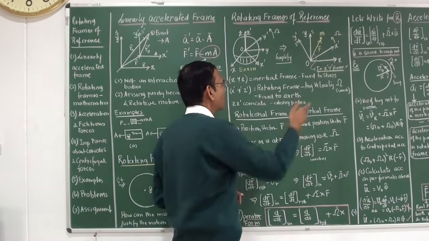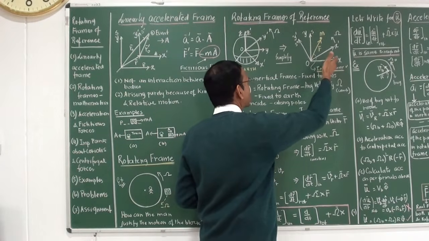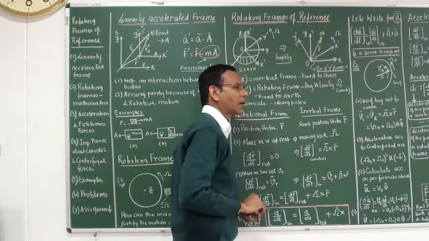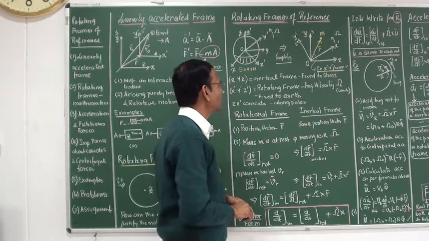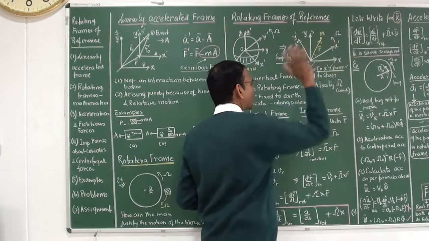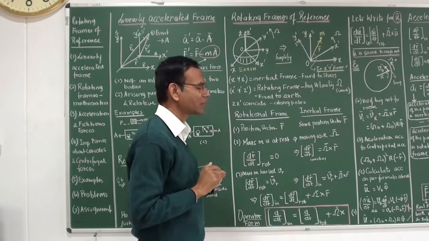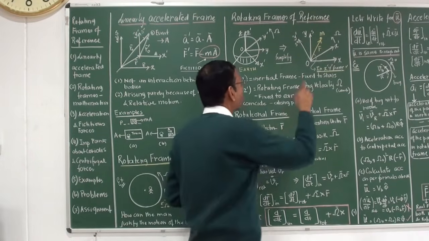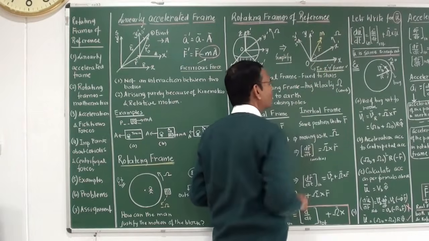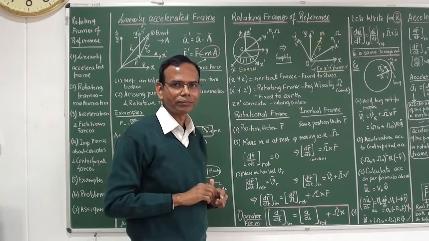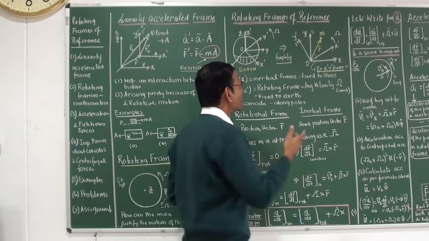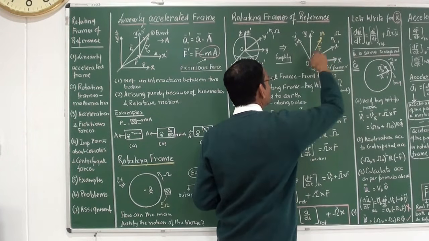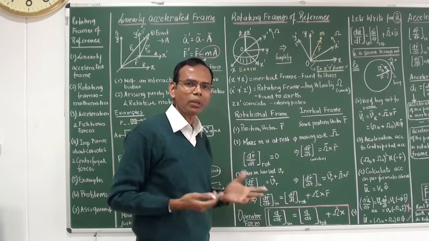Now suppose I take the axes x prime and y prime such that x prime coincides with the vector R. Then I will know the magnitude of R as whatever it is, that is R i cap prime, and the direction is only along x prime, isn't it? My i cap prime is along this direction now, so my direction is defined.